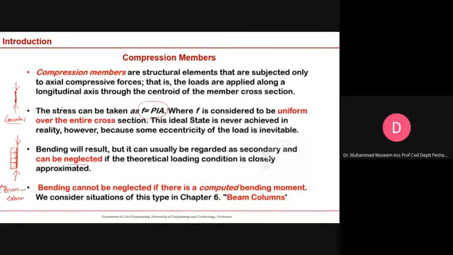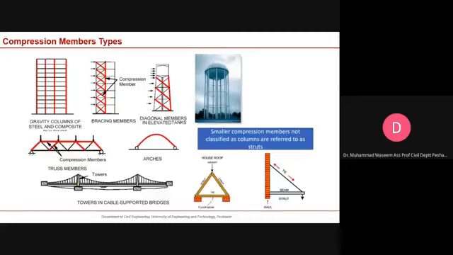So where can we find these compression members? You can find them in multi-story buildings, and as bracing members. Bracing members can be tension members or compression members. You can see in this figure, the elements highlighted by the red color are the compression members.